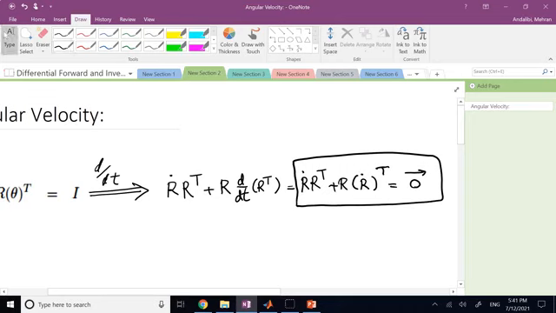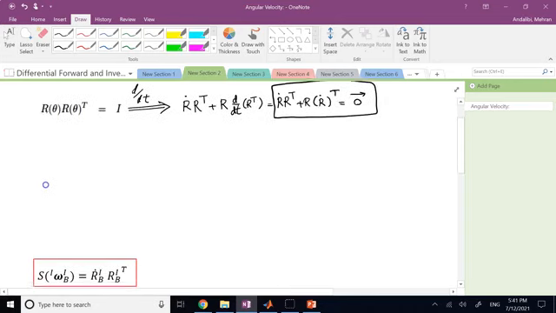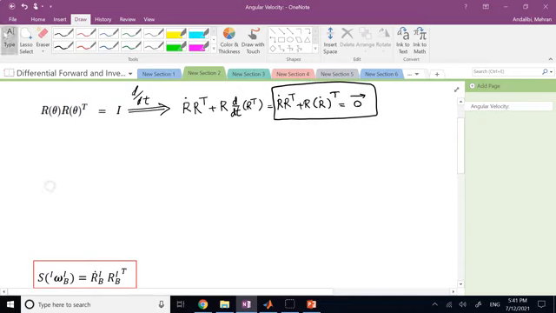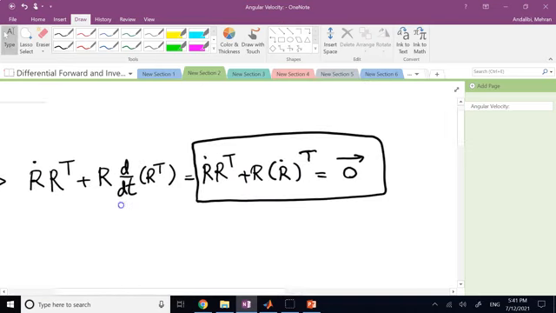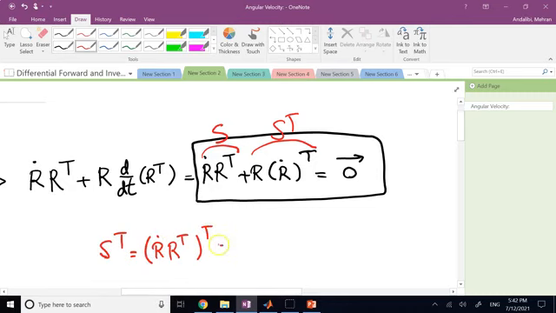Right? Now, here, this is what I do. I define the first part of this relation to be a skew symmetric matrix S. So I say, how about me calling this part S? Clearly, you see, if that is S, this guy has to be what? S transpose, right? Because if S is R dot R transpose, when you transpose it, what happens?